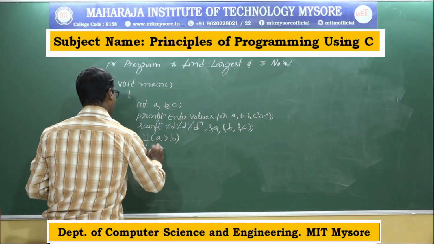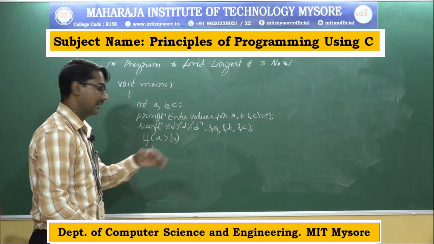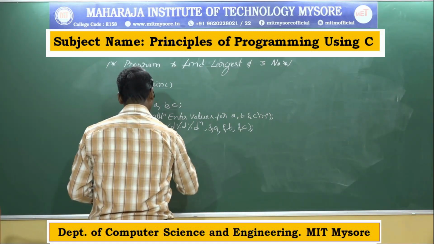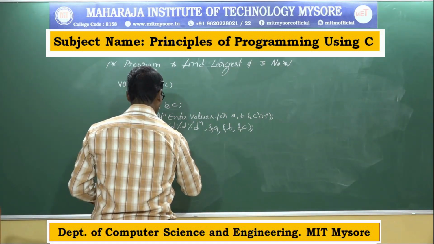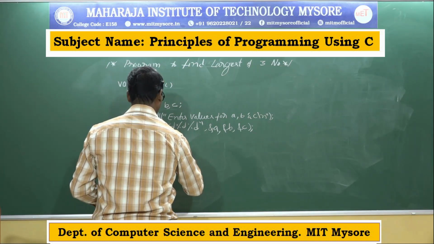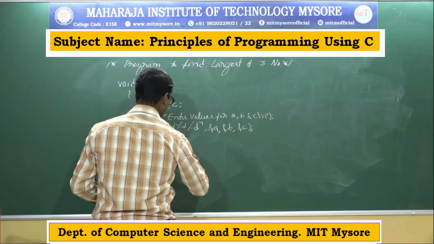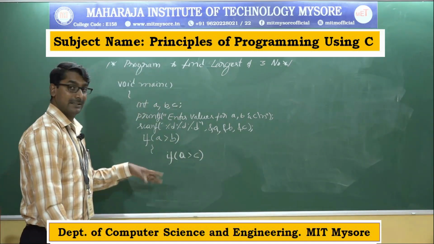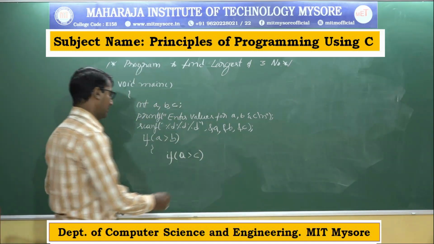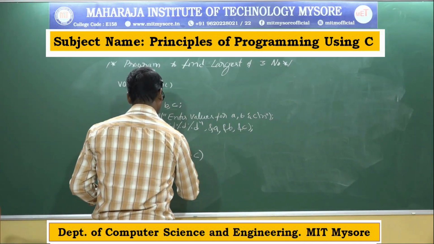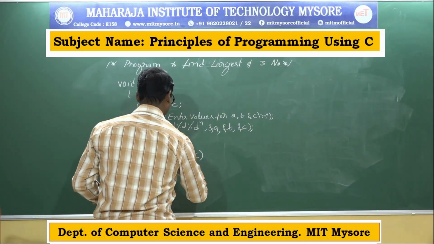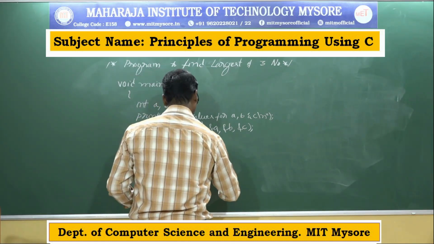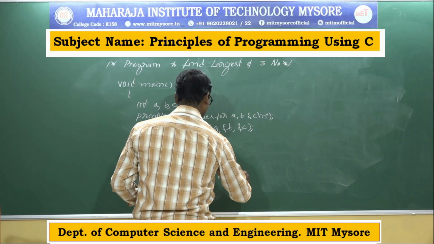So I'll check one more condition, that is if a greater than c. If this condition is satisfied, then printf a is big.